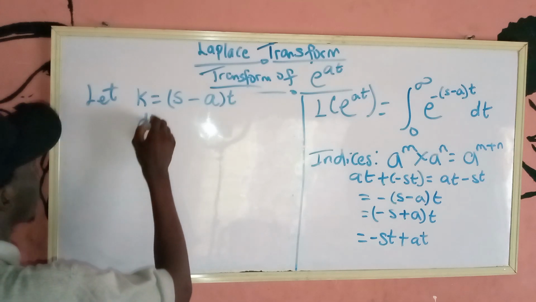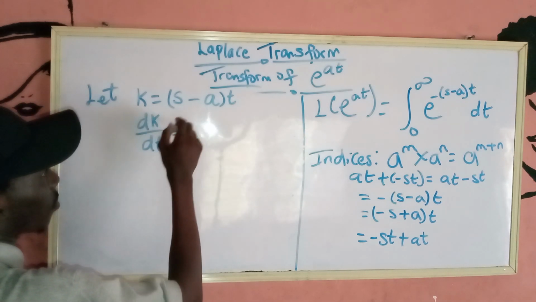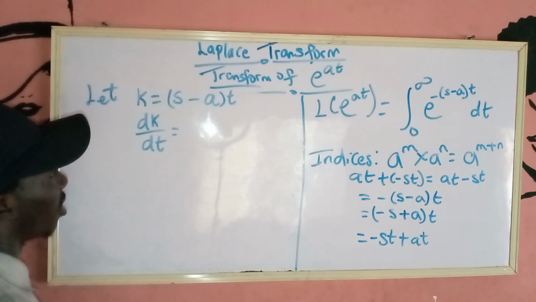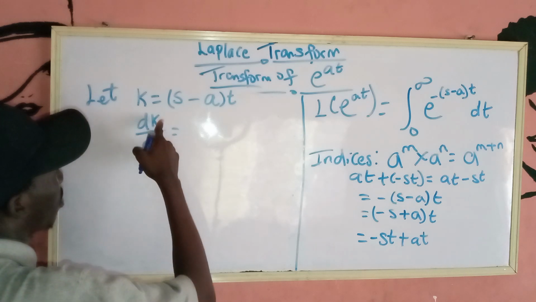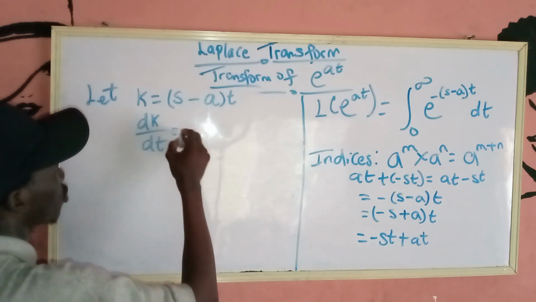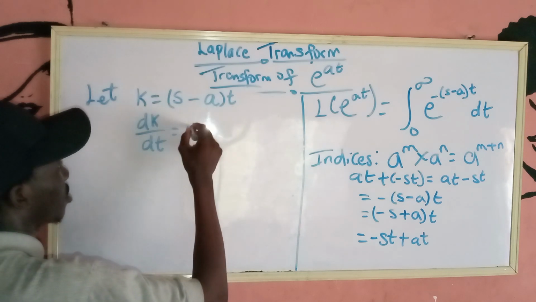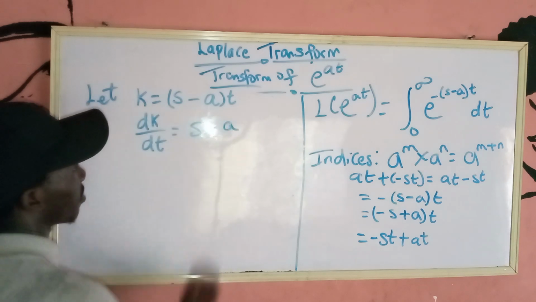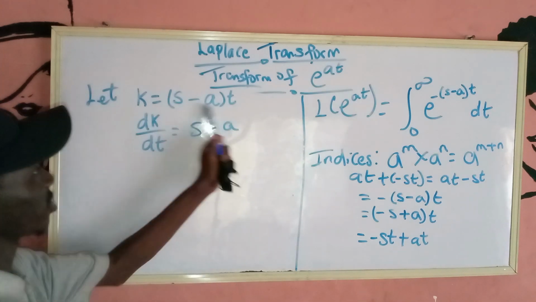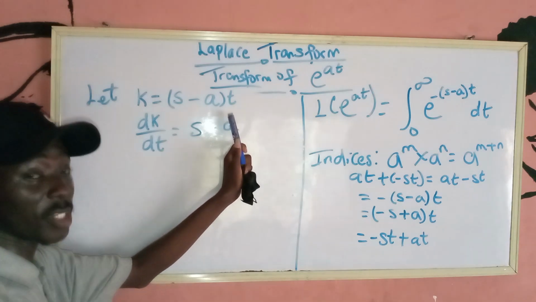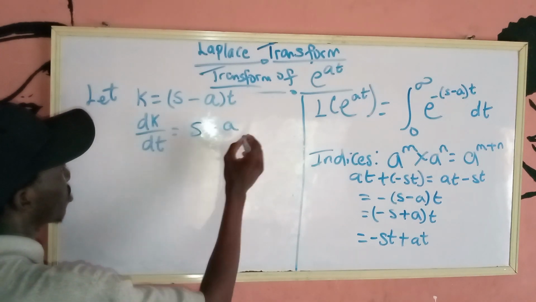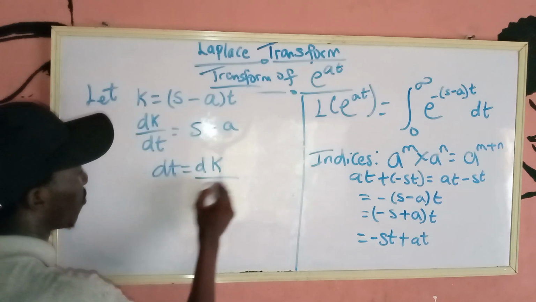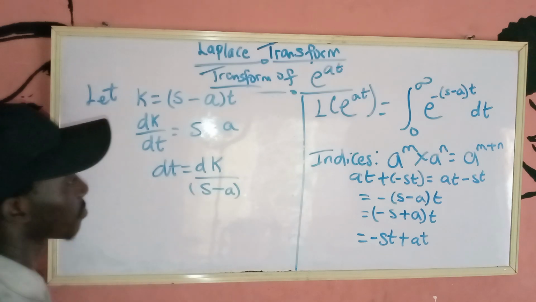Then from there, my dk/dt should be, since this is t, the differential of s minus a. That will be the differential of this, dk/dt, because I'm differentiating with respect to t. So your dt here will be equal to dk over s minus a.